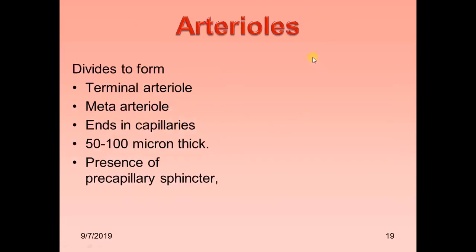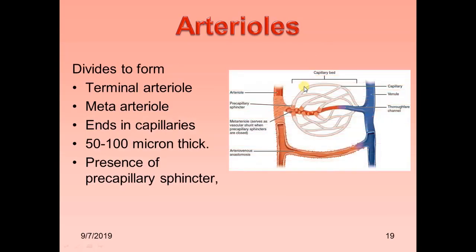The next, smaller branches from the medium sized arteries, what happens? You go to the arterioles. So terminal arterioles, and what branches from the terminal arterioles are the meta-arterioles. The size of the lumen is very small. They might range anywhere from 1 micrometer to 20 micrometer in diameter. Their whole thickness might vary from 50 to 100 microns, but the internal lumen diameter, as I told you, is from 1 to 20 micrometer.